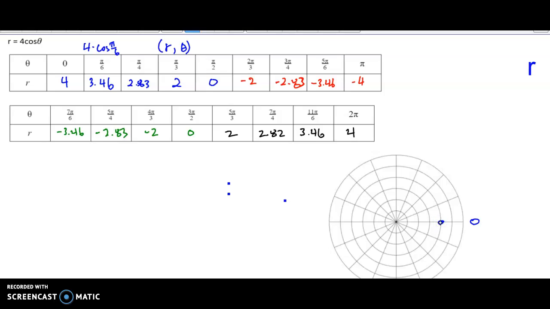Then the next point is r comma theta, so 3.46 comma pi over 6. So at pi over 6, you go just under 3.5 rings out: 1, 2, 3, and maybe something like that.